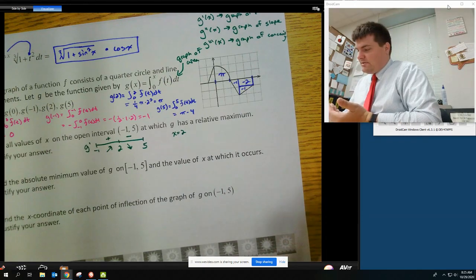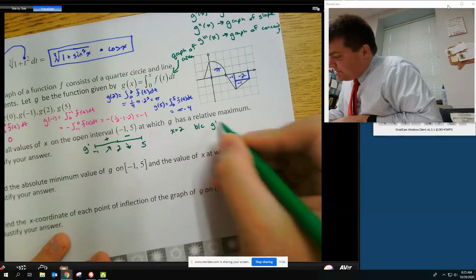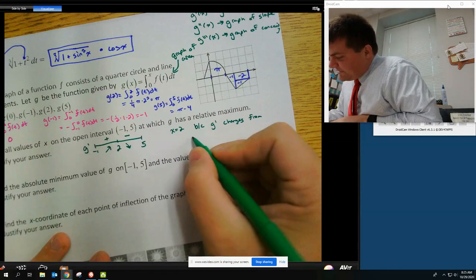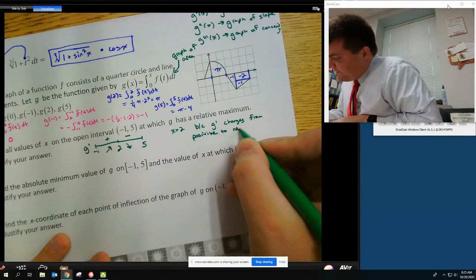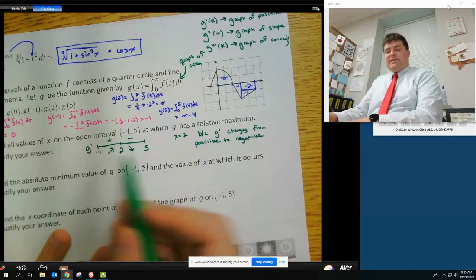Why? Because g prime changes from positive to negative. And that problem just became so much simpler once I made that sign chart.